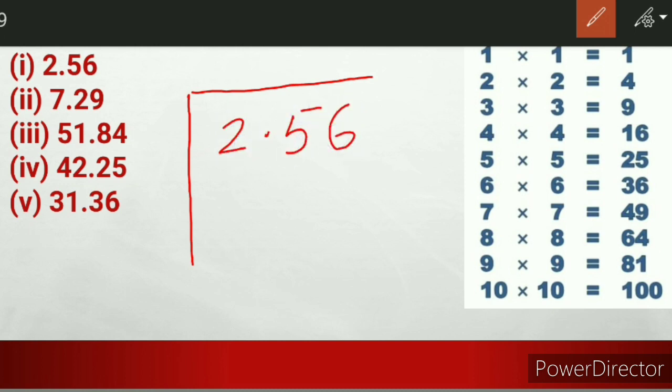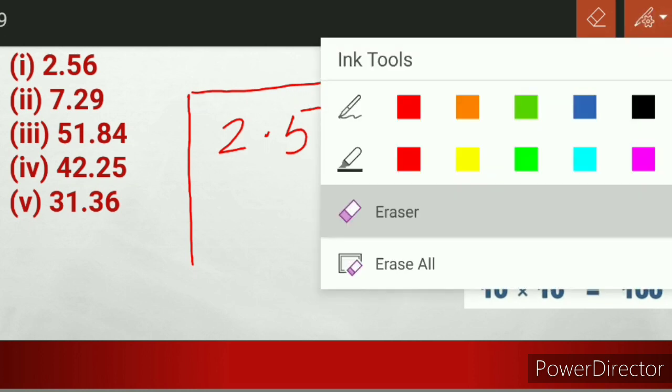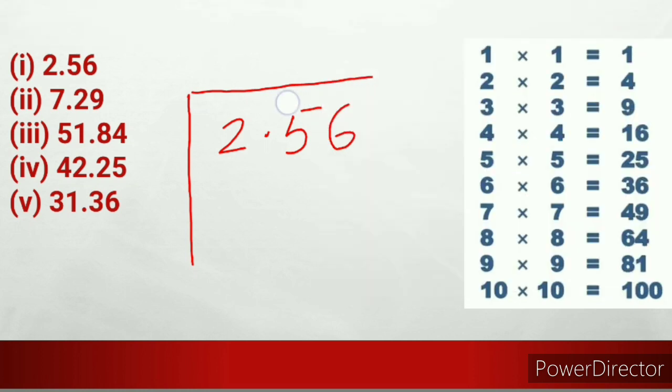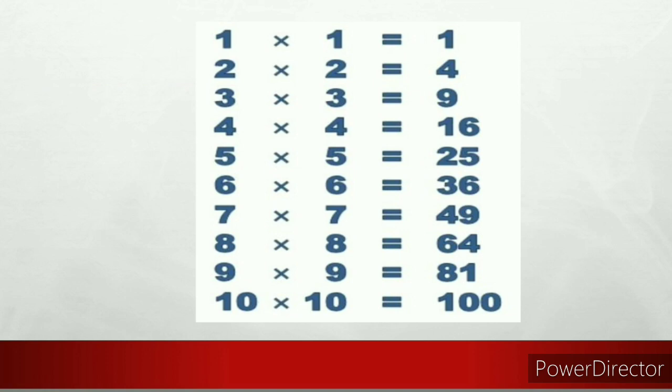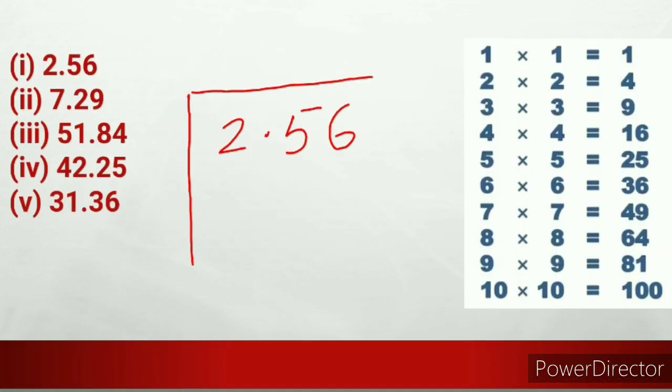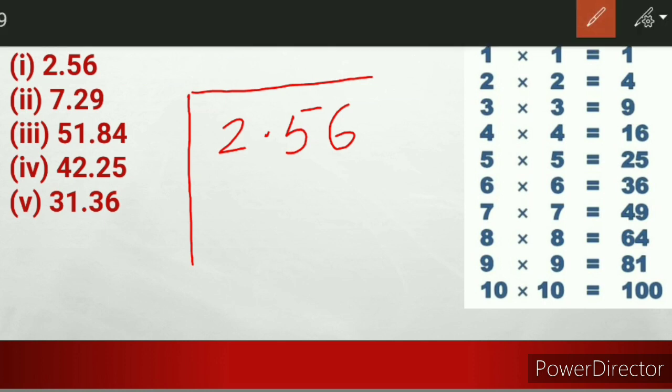2.56. First step, what should we do? We should make groups from right to left. For the two digits, 56 is one group, and 2 is single, that is another group.